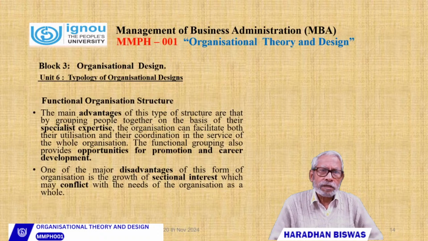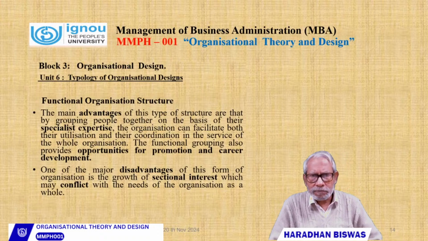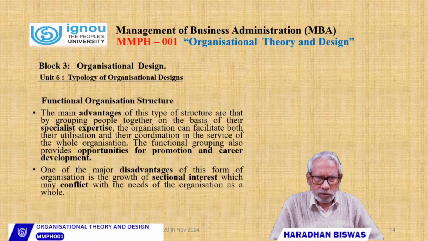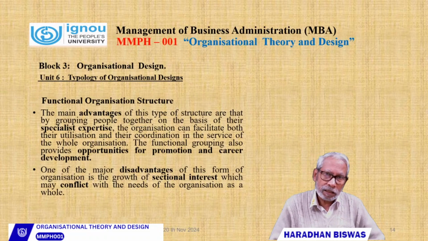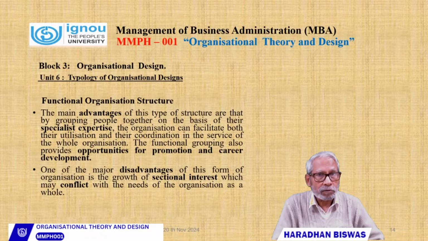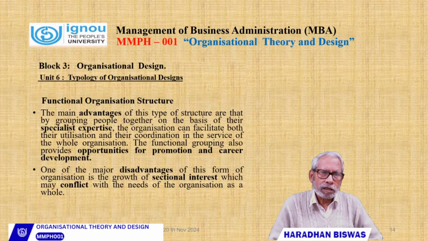Now, functional organizational structures. So far, we have seen the line management or line-oriented frontline structures. Now we have to see the functional organizational structures. What are the advantages? This type of structure groups the people together on the basis of specialized expertise. As I say, R&D is one of the functions, finance is one of the functional departments.